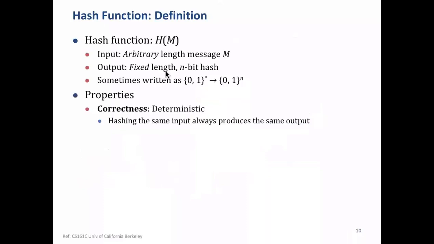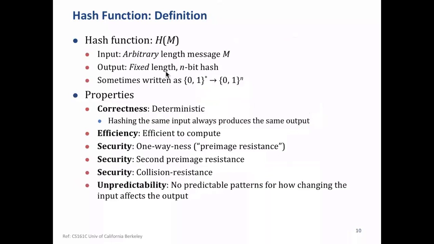Okay, so this is all we have studied, and we have seen that the important properties are correctness. It means deterministic. Given one m, if you hash it, it gives a value, say z. Take the same message again and apply the same function again, and you should get the same output. So this is called deterministic.